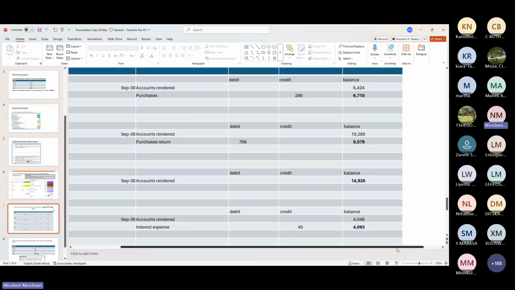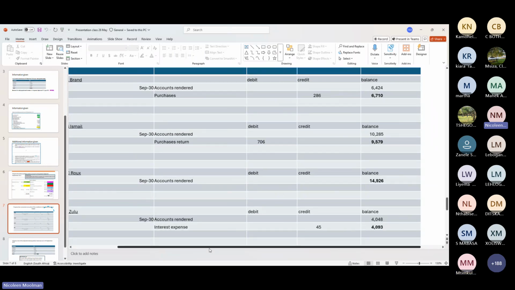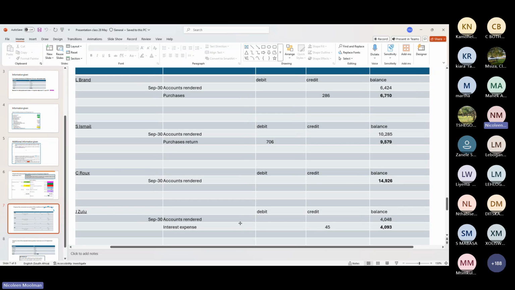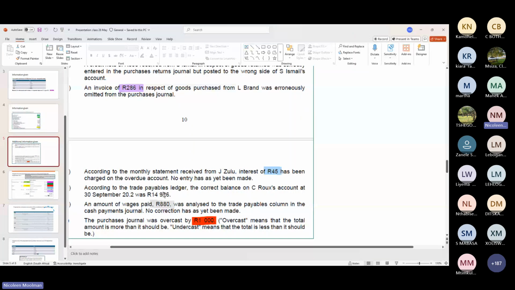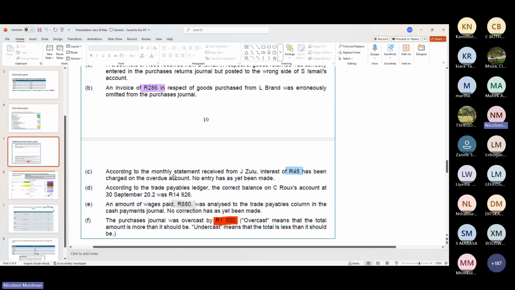Then the last one would be for J Zulu. So J Zulu, the balance given was 4048. But in the additional information given, they said that we received a statement from J Zulu and J Zulu raised interest of 45 Rand on the overdue account.